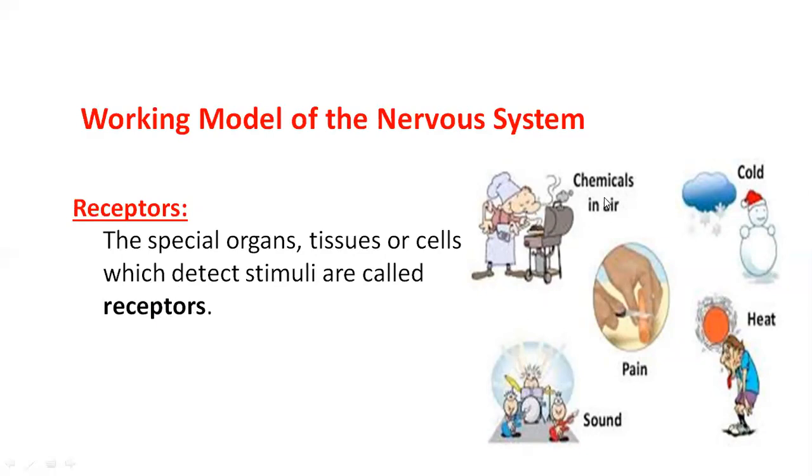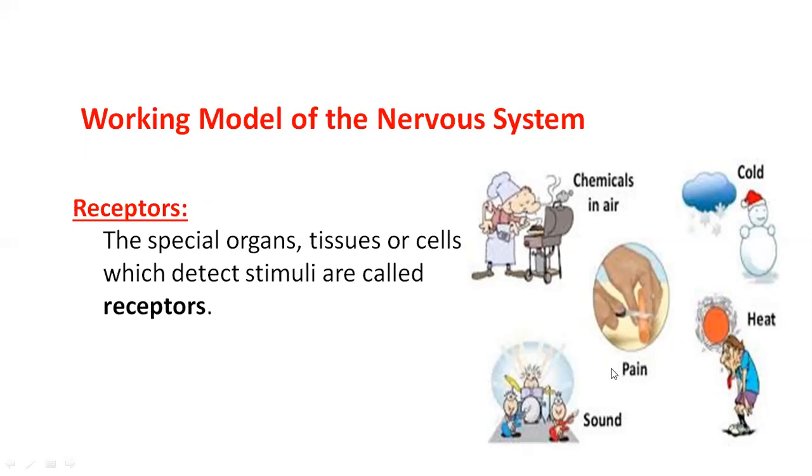For example, a chemical in air is actually acting as a stimulus. That stimulus is detected by the receptors present in our nose. That's how we feel smell. There is another stimulus, that is cold, that is detected by the cold receptors present in our body. Heat is another stimulus which is detected by heat receptors present in our body.